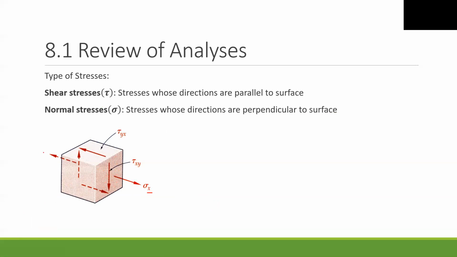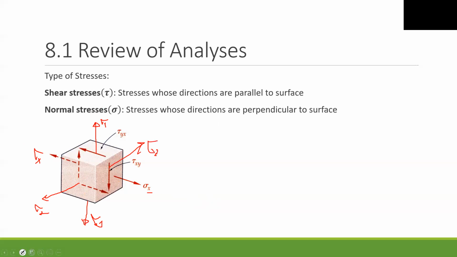Also, for equilibrium, the opposite direction should also be sigma x. For example, this direction we call sigma y, and the down direction is also sigma y. This direction is sigma z, and the opposite direction is also sigma z.